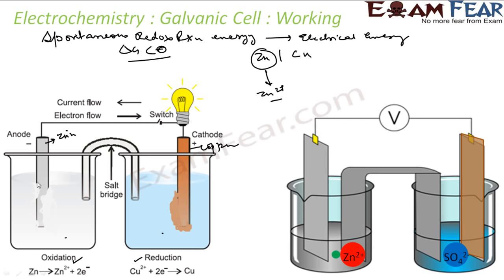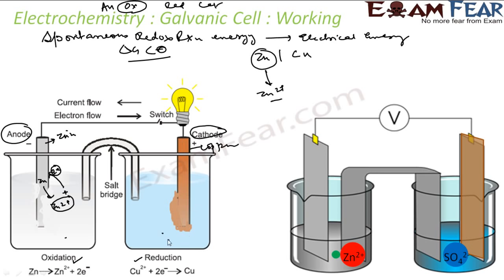Now zinc becomes Zn2 plus and gives 2 electrons, correct? So what happens is oxidation. I told you: an ox, red cat. Oxidation means anode, so this becomes the anode. So obviously this becomes the cathode, right?